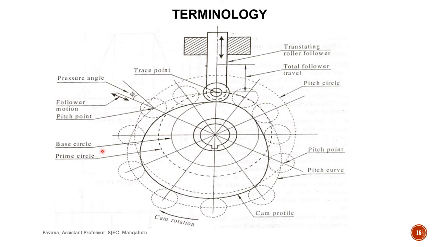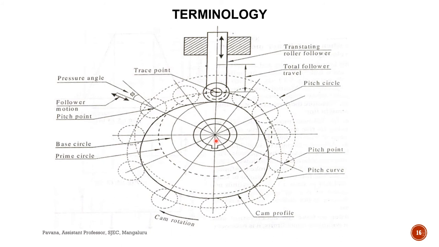Next one, the prime circle. The prime circle is here, the dotted one. The prime circle is the smallest circle that can be drawn tangential to the pitch curve, with its center the same as the cam center.